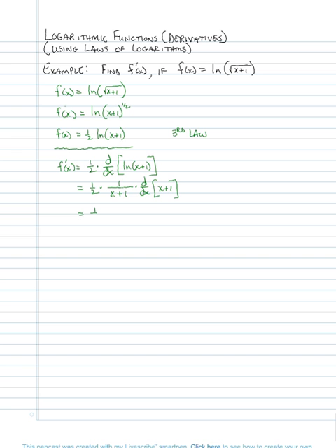So we end up with 1/2 times 1 over x plus 1 times just 1. Well, the times 1 is not changing anything, and so we end up multiplying 1 times 1 on top and 2 times x plus 1 on the bottom, which is exactly the same result we got previously, and I'll let you choose which way was easier.